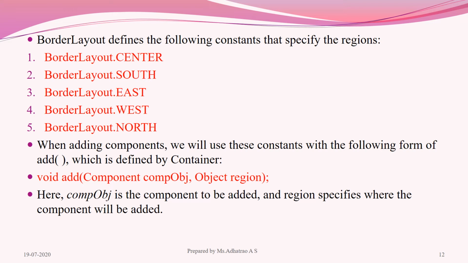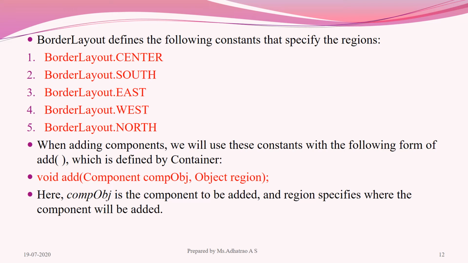When adding components, we will use these constants with the following form of the add method, which is defined by the Container: void add(Component comp, Object region). Here comp is the component to be added and region specifies where the component will be added.